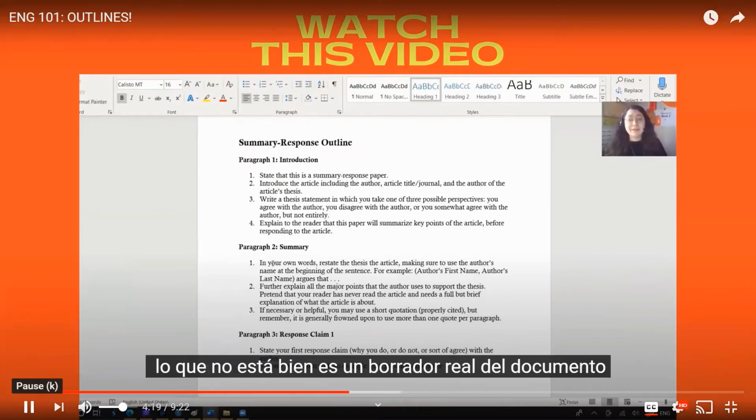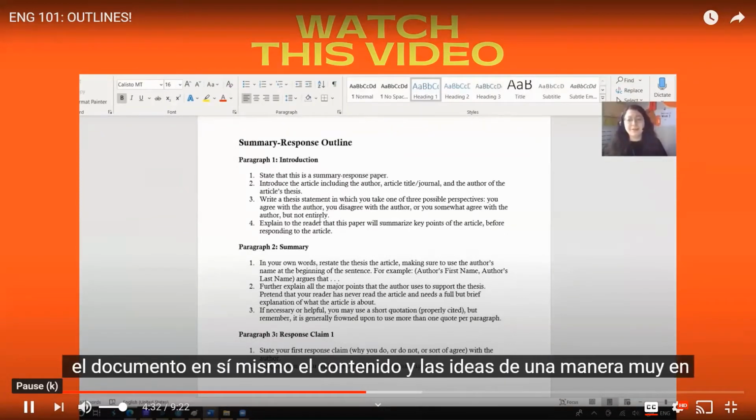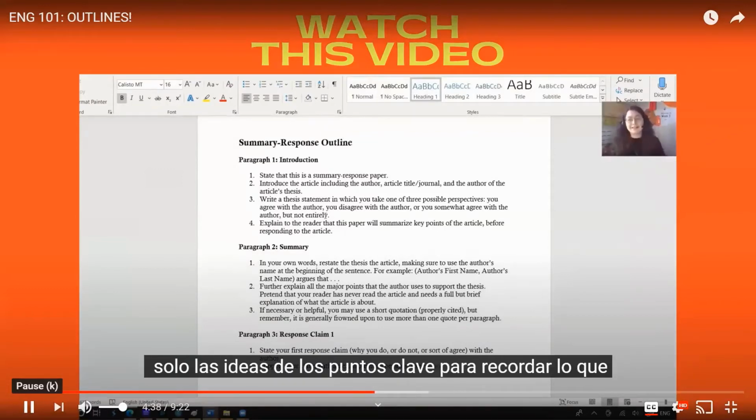What is not fine is an actual draft of the paper. You should not turn in a draft of the paper. We are looking for notes that provide an idea of what you're going to write about, not the actual paper itself. The content and the ideas, just the key points, to remind yourself of what you need to elucidate on.